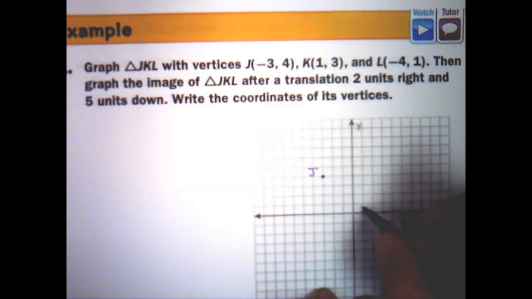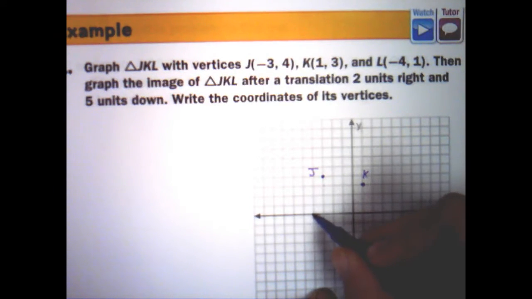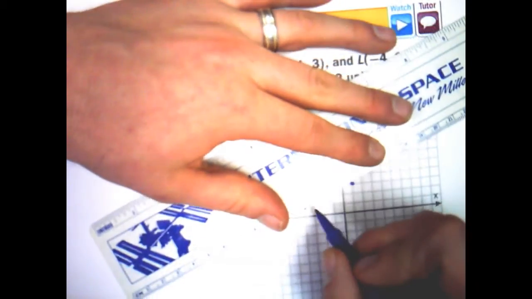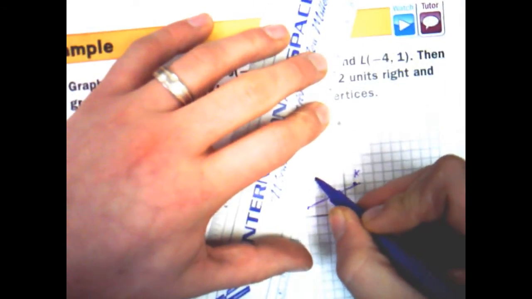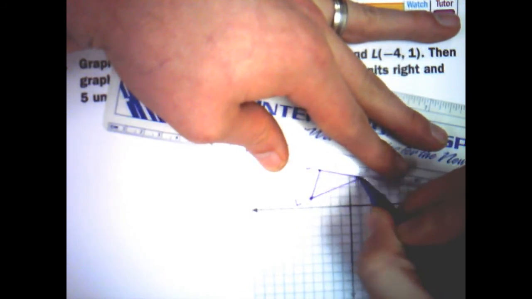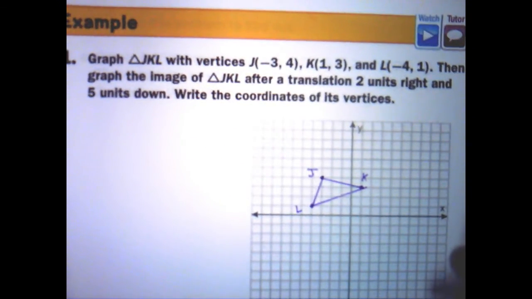K is (1, 3). And L is (-4, 1). Then I can connect the dots here. And this would be the graph of my preimage, or my starting position.